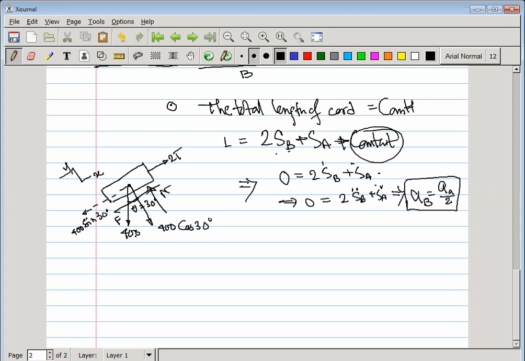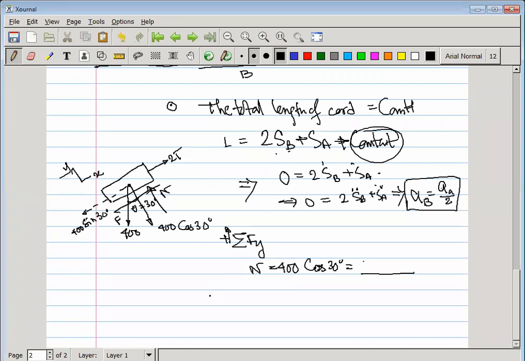So when we consider the summation of Fy, along this direction, N is equal to 400 cos 30 degrees.